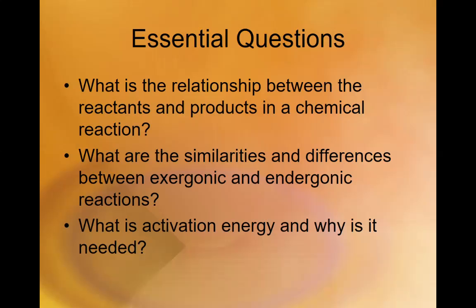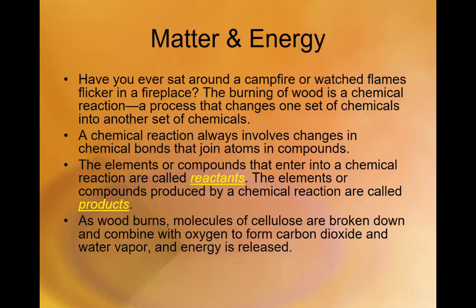Now, most of you at some point have sat around a campfire or watched the flames flicker in a fireplace. The burning of wood is a chemical reaction, and this process changes one set of chemicals into a different set. The chemical reaction always involves changes in chemical bonds that join atoms in the compounds.